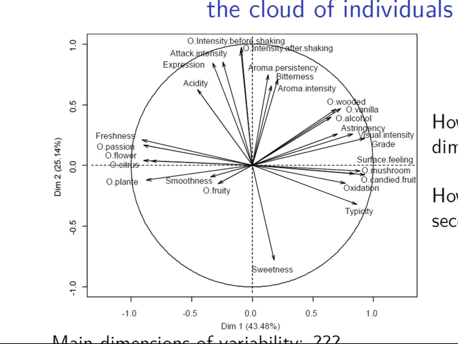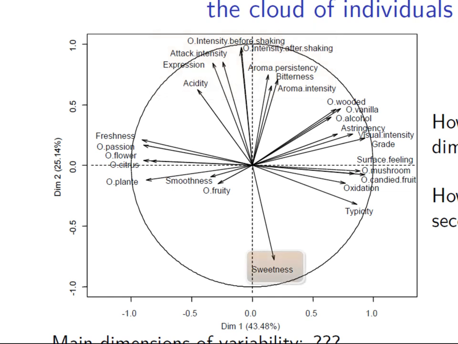So now how can we interpret dimension 2, the vertical axis? On the top, wines have a high coordinate on the vertical axis, and since the correlation coefficients between dimension 2 and variables such as acidity or bitterness are close to 1, it means that wines on the top take high values for these variables, and wines on the bottom have a low coordinate on dimension 2, and thus low values for these variables.